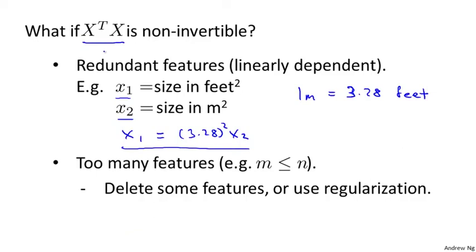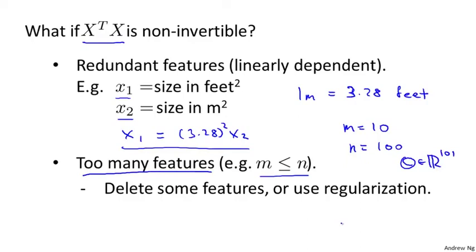The second thing that can cause x transpose x to be non-invertible is if you're trying to run a learning algorithm with a lot of features. Concretely, if m is less than or equal to n. For example, if you imagine that you have m equals 10 training examples, but you have n equals 100 features, then you're trying to fit a parameter vector theta, which is n plus 1 dimensional, so it's 101 dimensional.